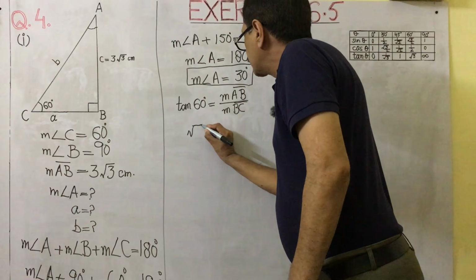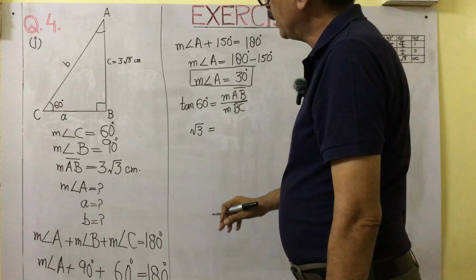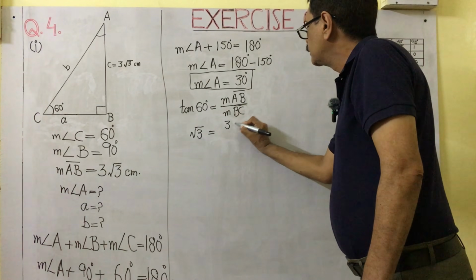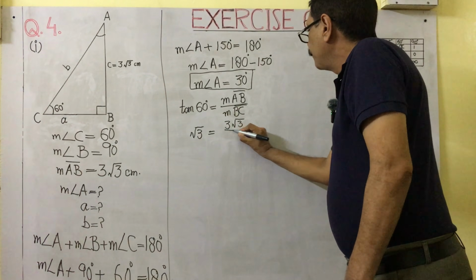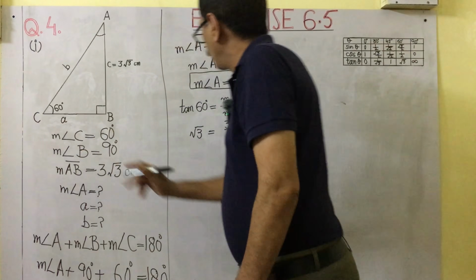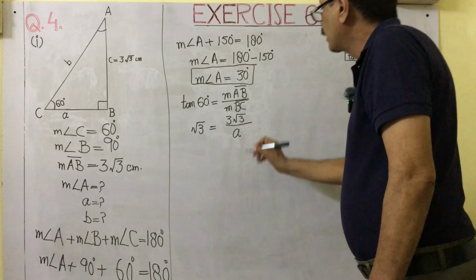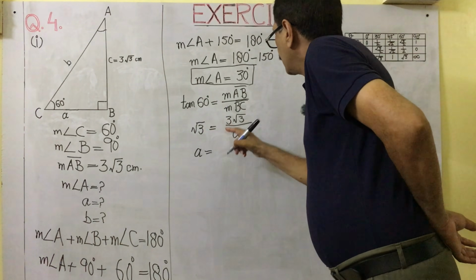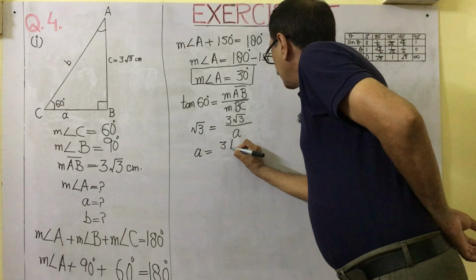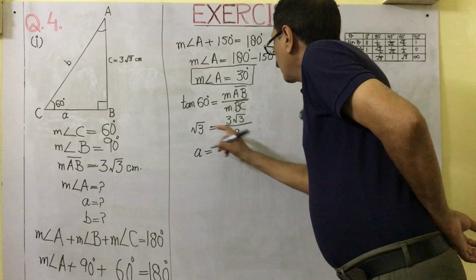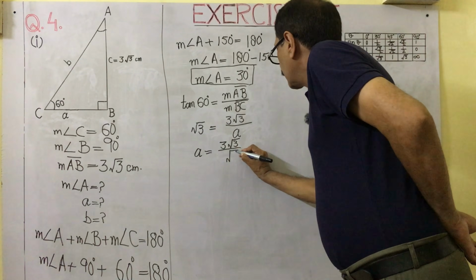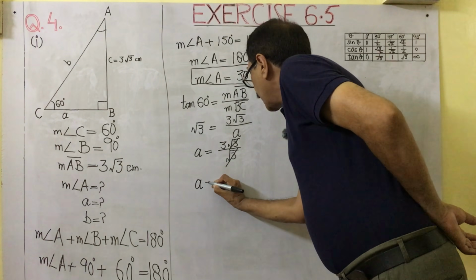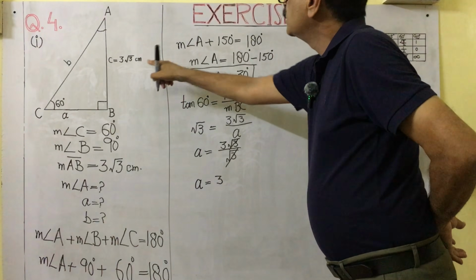AB is equal to 3 into square root of 3, BC is equal to a. It will become a is equal to 3 into square root of 3 over square root of 3. Square root of 3 cancelled with square root of 3. So a comes to be 3 centimeters.